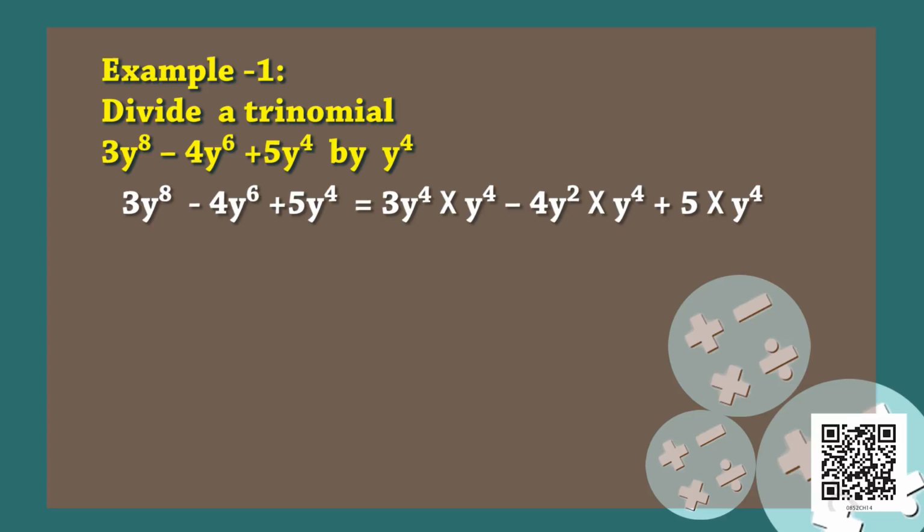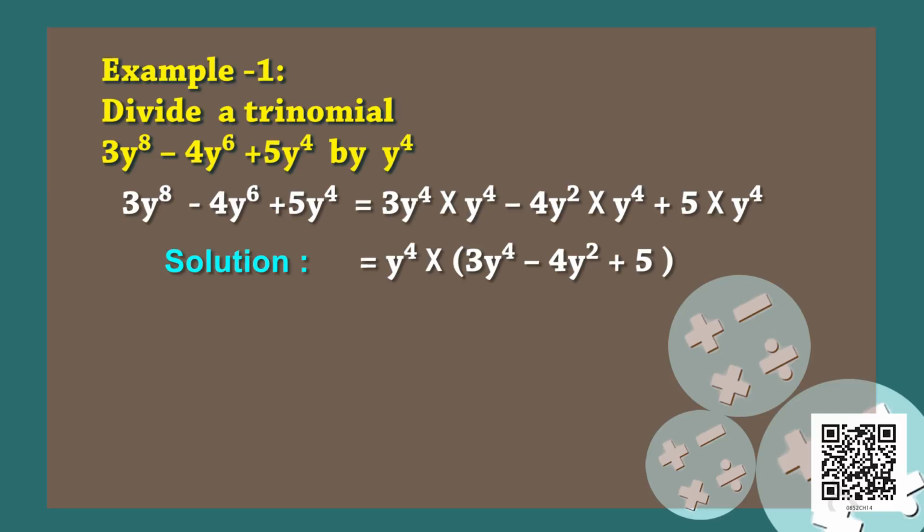By writing like this, you can see that y to the power of 4 becomes a common factor in each term. Hence, we can write it as y to the power of 4 into 3y to the power of 4 minus 4y to the power of 2 plus 5.